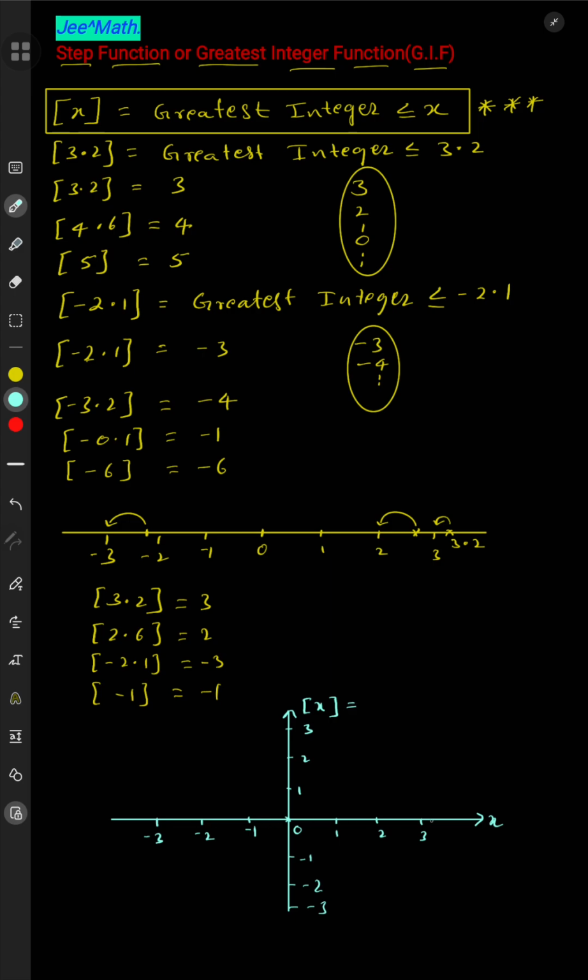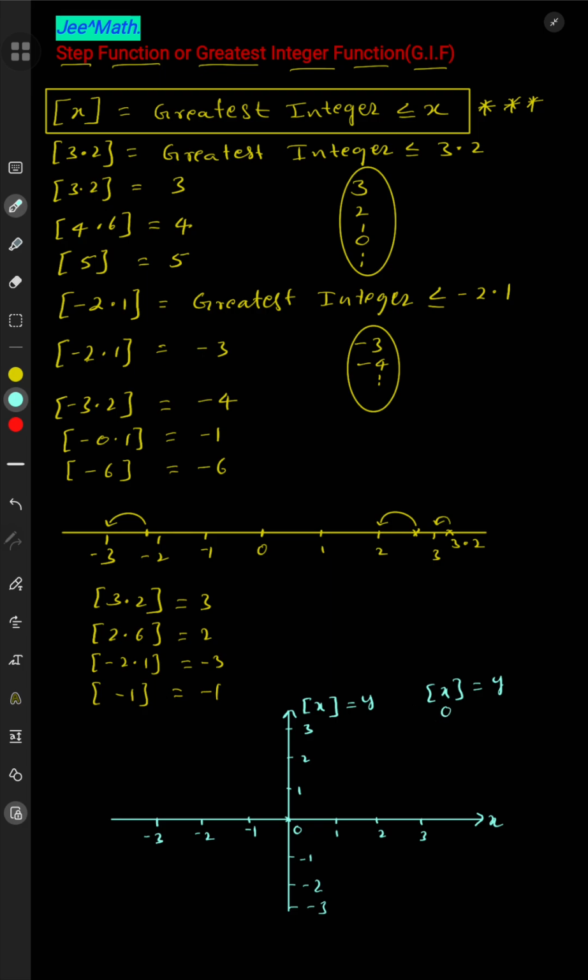So on the x-axis we have x values and on the y-axis we have step x values. Suppose step x is equal to y. We are going to get the graph of step x equal to y.